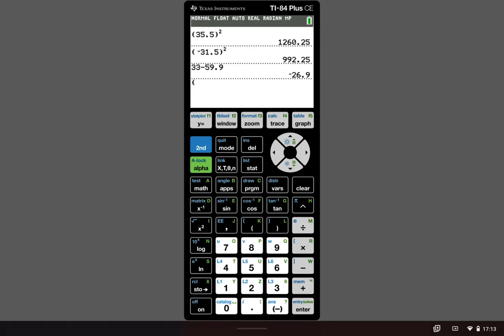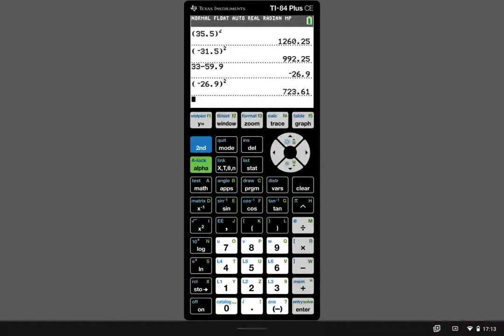So you need to put that in parentheses, because if you don't, the calculator will square it, but then it's going to apply a negative and give you a negative number.